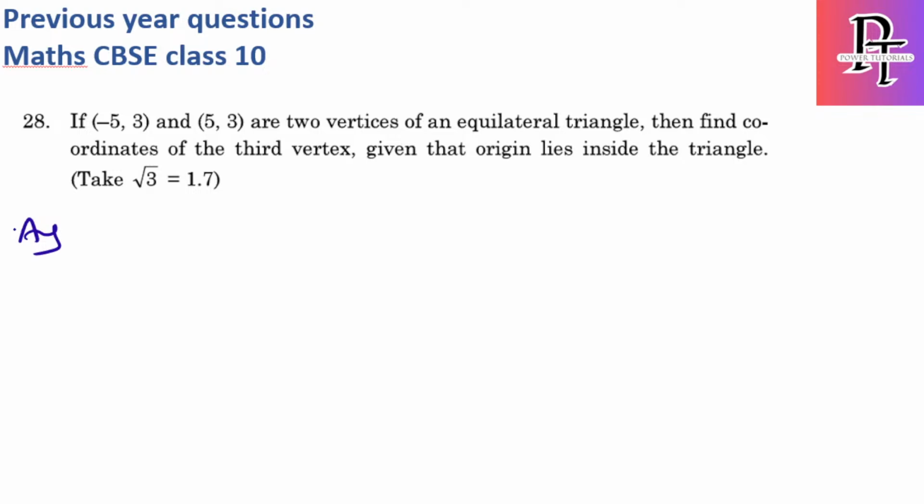Minus 5, 3 and 5, 3 are two vertices of an equilateral triangle. Then find coordinates of the third vertex, given that the origin lies inside the triangle, take root 3 as 1.7. Okay. So if you remember the graph type of question, this is the x-axis, y-axis. Minus 5, 3 will be somewhere here, and 5, 3 will be somewhere here.